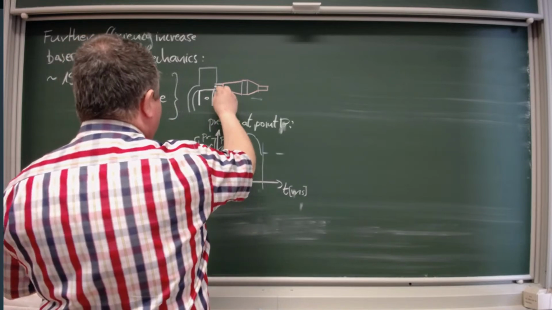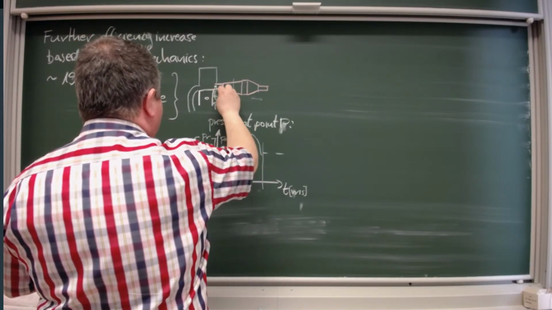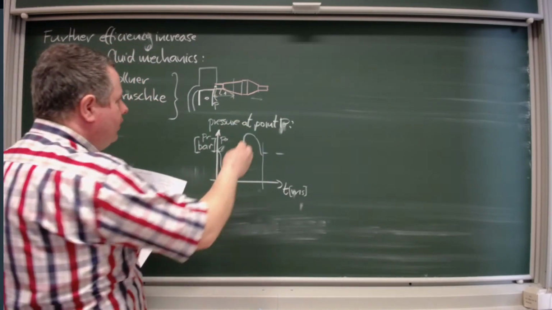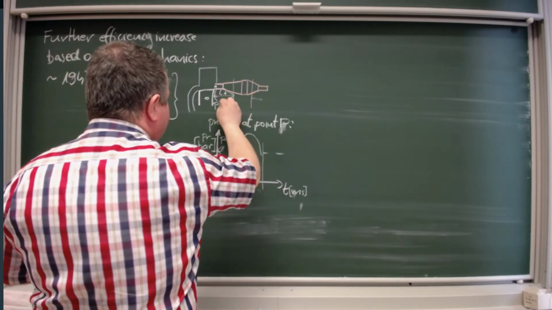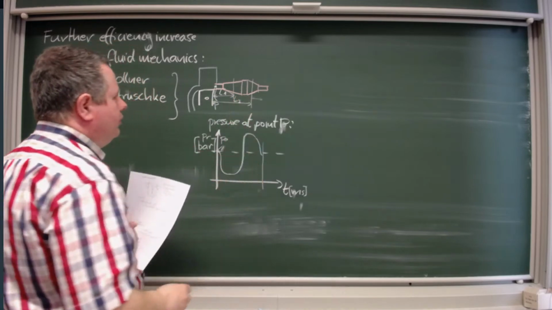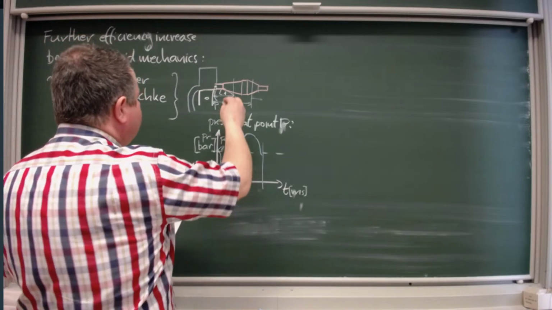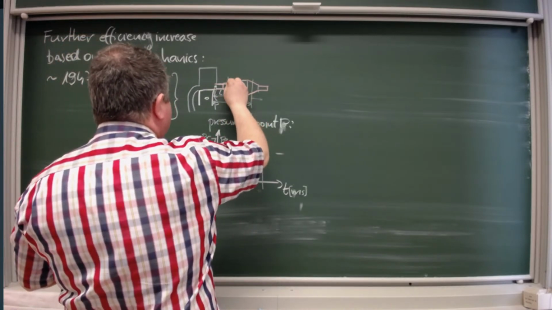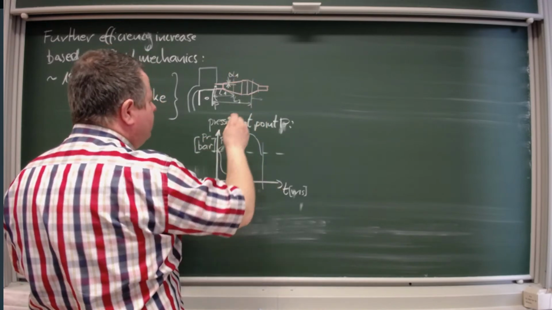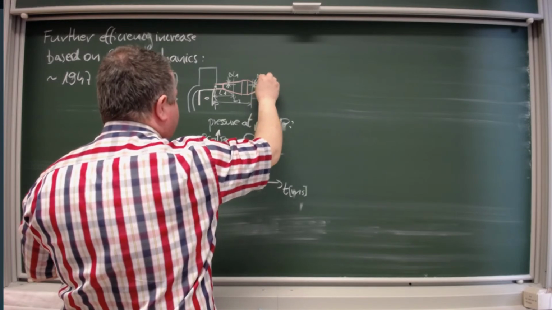You get usually the mid-distance L1 of the diffuser, the mid-distance L2 of the confuser for closing, and also there is an angle, alpha 1 for the diffuser, and a larger alpha 2 for the confuser.